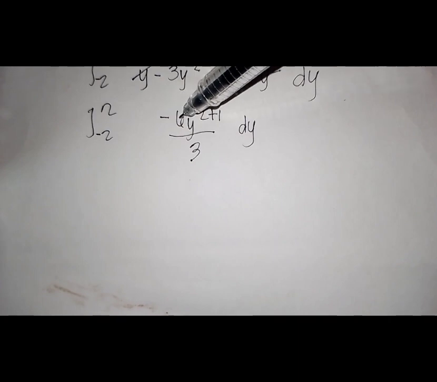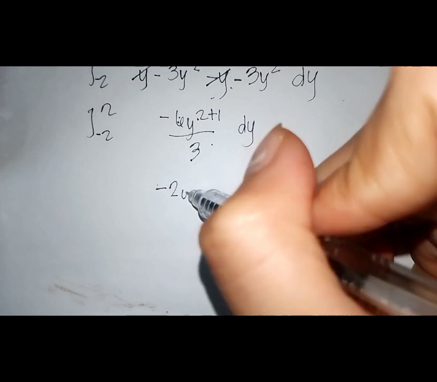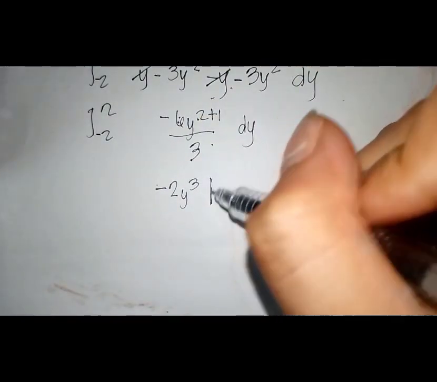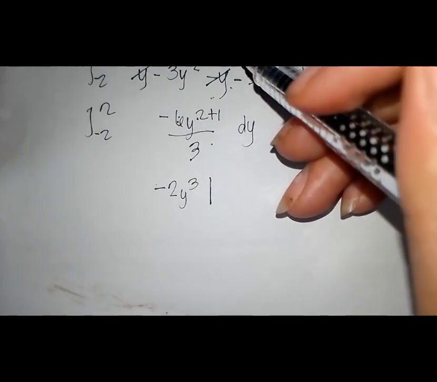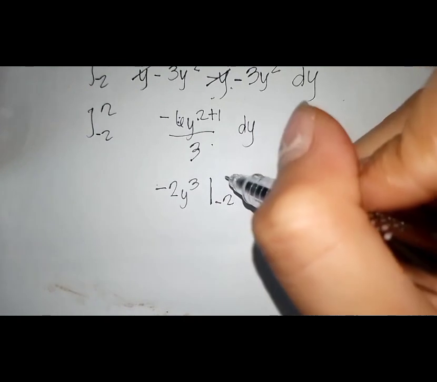So negative 6y cubed over 3. Since negative 6 divided by 3 is negative 2, we have negative 2y cubed, evaluated over our y coordinates from negative 2 to 2.